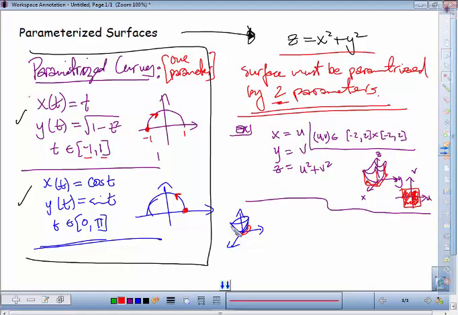So thinking about this surface now, if we're attempting to parameterize it, we can start using polar coordinates. Or wait, polar coordinates in 3 dimensions, what's that called?